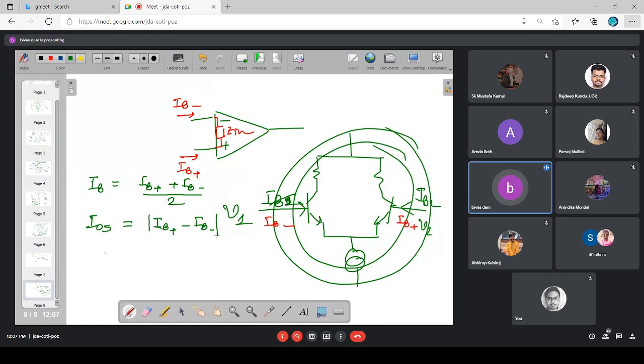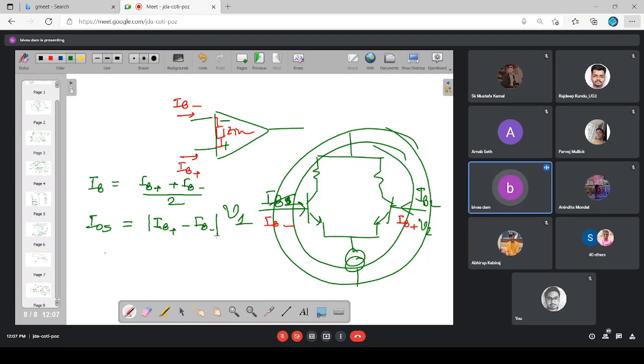Now, in case of the ideal situation where the IB minus and IB plus are both exactly the same, in that case, IB will be equal to your IB plus and also equal to IB minus. And what will be the value of IOS there? In the ideal situation, that means ideally IOS should be 0, and IB should be observed something of the order of microampere.